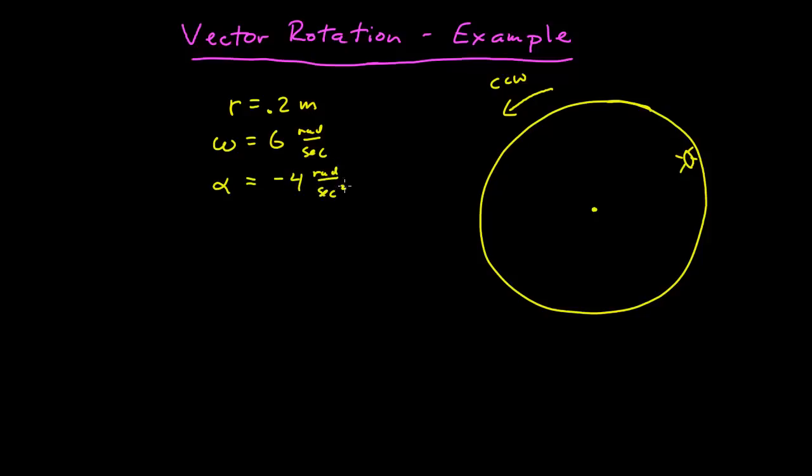You'll notice that in my verbal description, I didn't use the words angular velocity and angular acceleration. I said it is rotating at a rate and it is slowing down at a rate. So you need to be able to translate that into our terminology of angular frequency and angular acceleration. Okay, so given that, I want to find the tangential velocity.